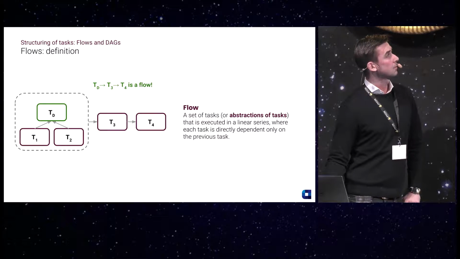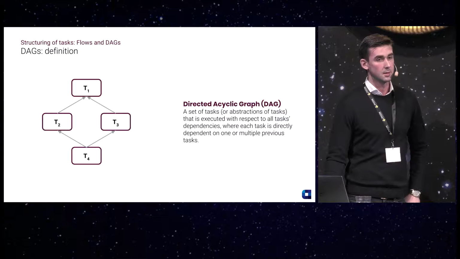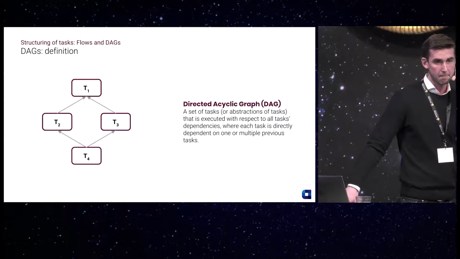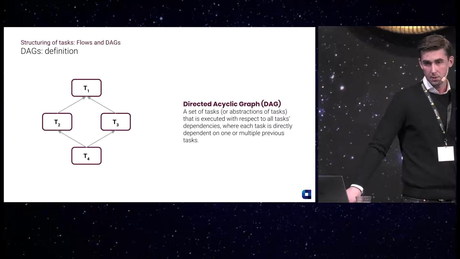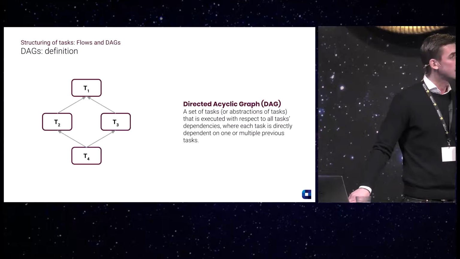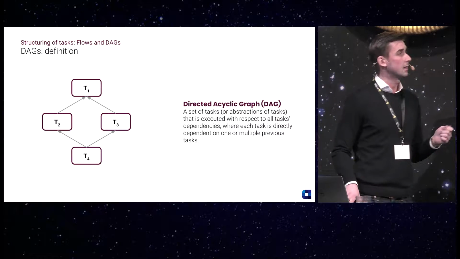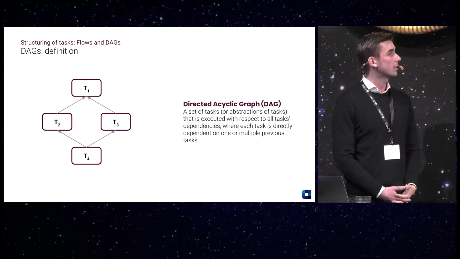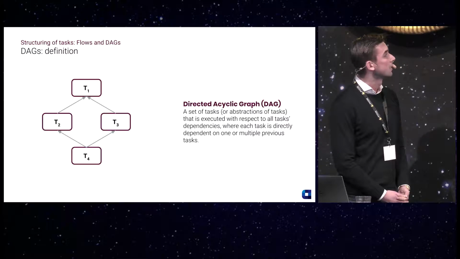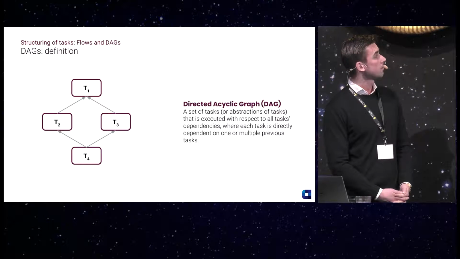The next concept is the DAG, which is a directed acyclic graph, where each task is executed with respect to its dependencies, and where each task is dependent directly on one or multiple tasks. So in this example, T4 has no dependency.